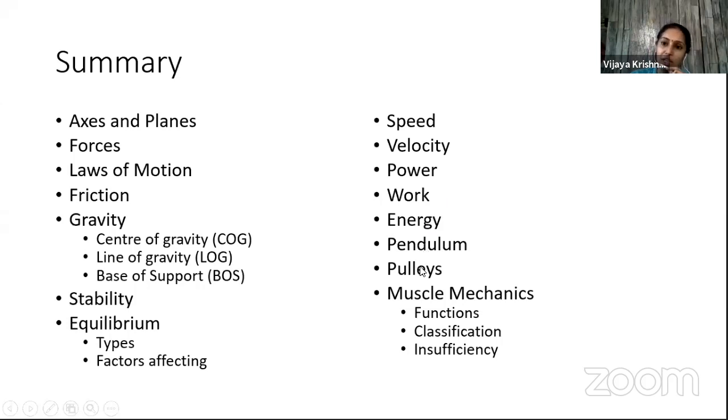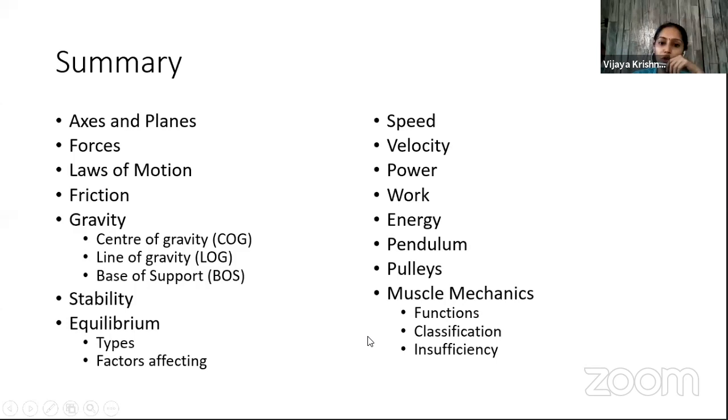Simple machines that we covered today are pendulum and pulleys, which help us utilize muscle force with a mechanical advantage. The last section that we covered is the muscle mechanics that help us to achieve the biomechanical movements, the functions of the muscles classified according to their various features, and the disadvantages of two-joint or multi-joint muscles, which is the insufficiency that can be active or passive.